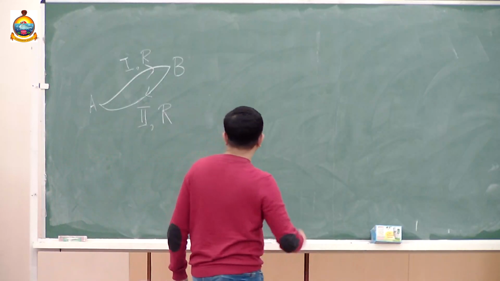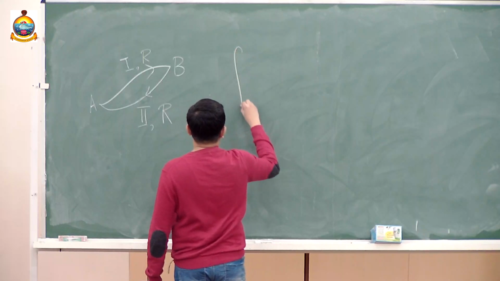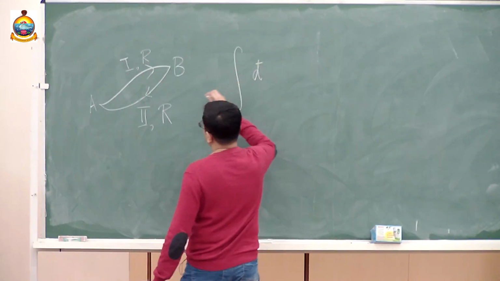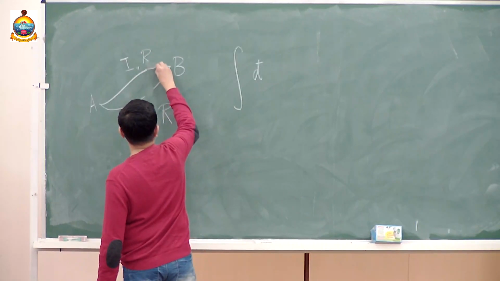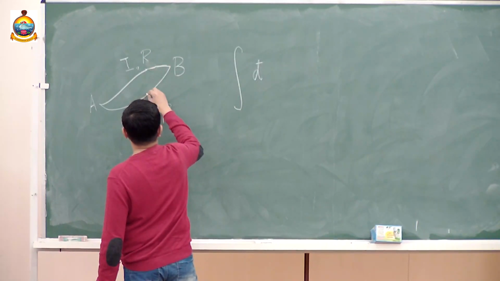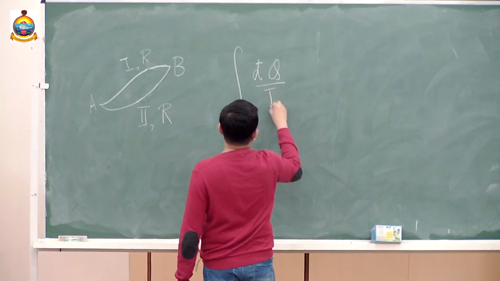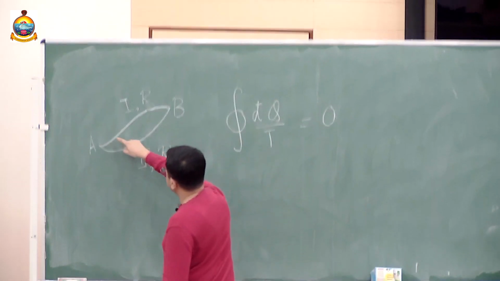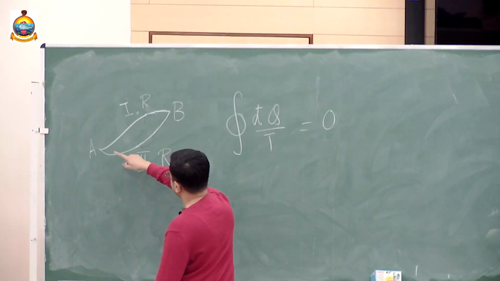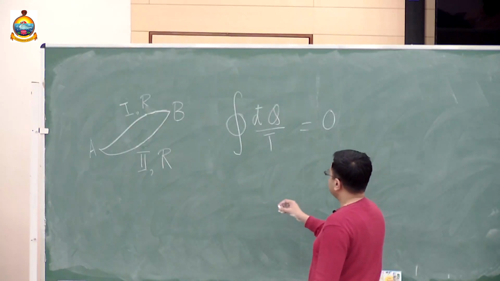Now I apply the Clausius inequality or equality for this cyclic process. For a reversible path I don't even need to put this arrow. So that says that the integral of d cross q by T taken over the whole cycle is equal to 0. This path is reversible, this path is reversible, and therefore this is a cyclic process which is reversible.